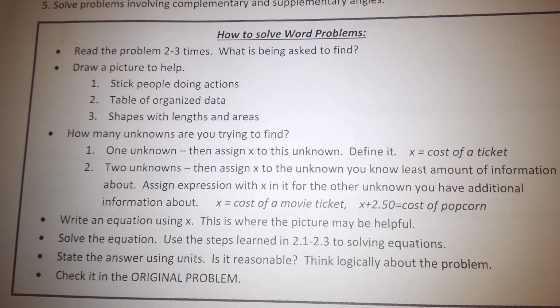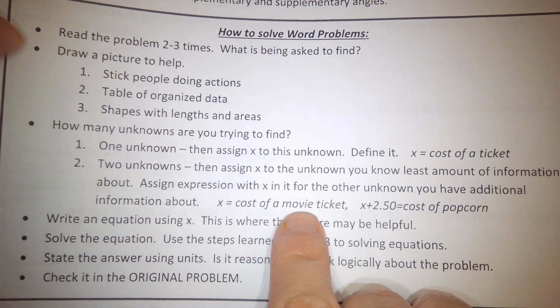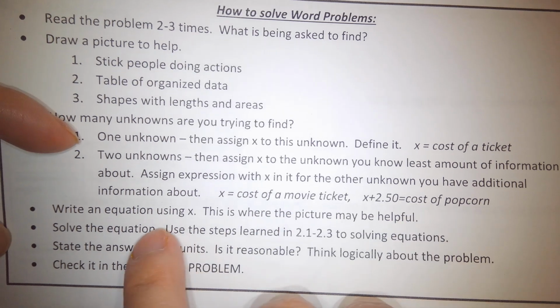One unknown: assign x to the unknown. Define x equals the cost of the ticket. Two unknowns: assign x to the unknown you know the least amount of information about, and assign an expression with x in it for the other unknown. Do you have additional information? x equals the cost of movie tickets, x plus 2.5 is the cost of popcorn, right?